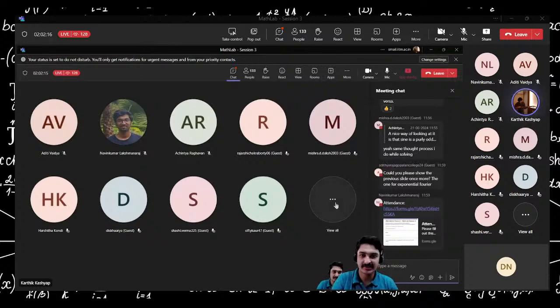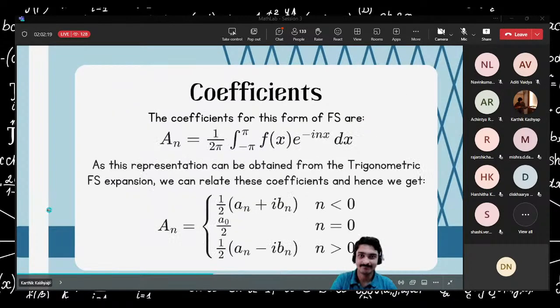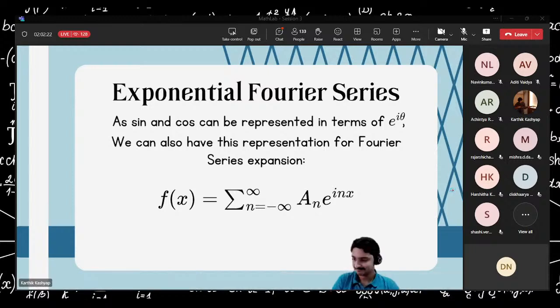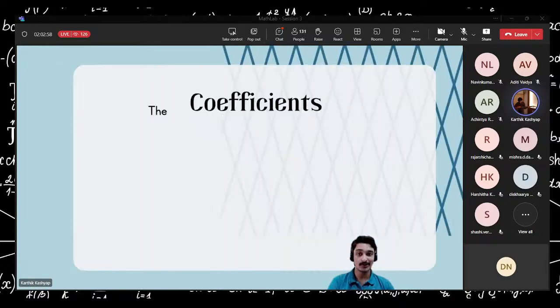Okay, I'll show the slide for exponential Fourier again. If you have seen this, I'll move on to the next one.